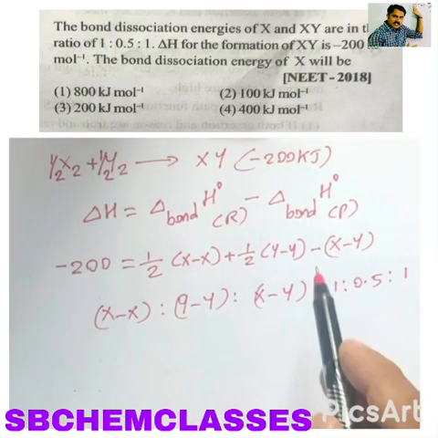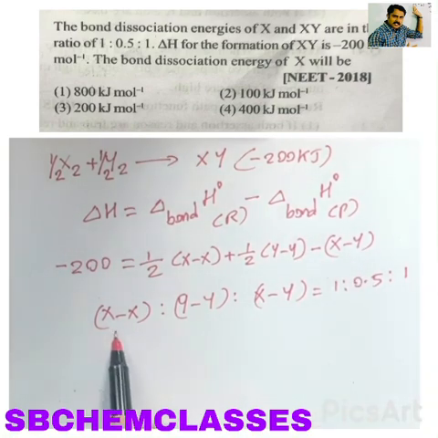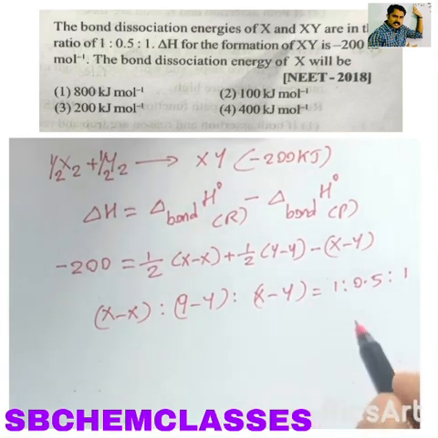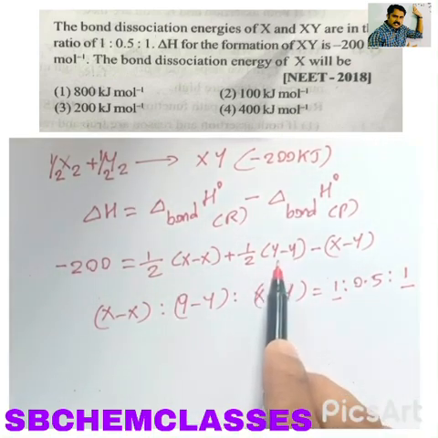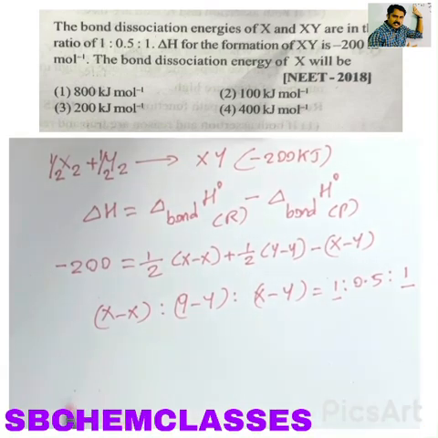So we can substitute YY and XY by XX. How? The XX and XY bond enthalpies are the same. The YY bond enthalpy is half of the XX bond enthalpy.